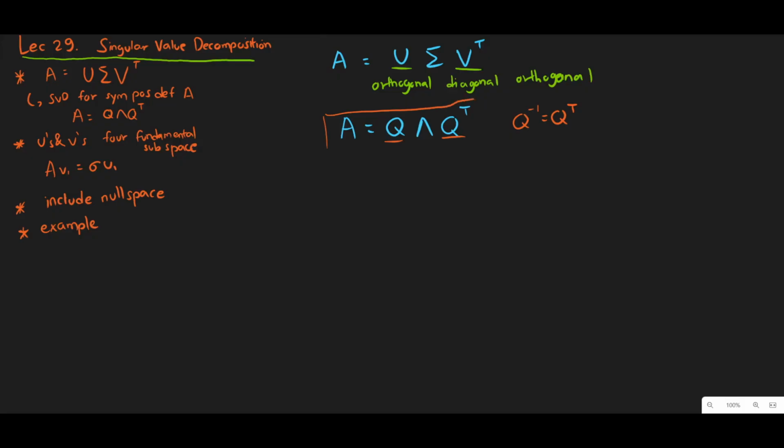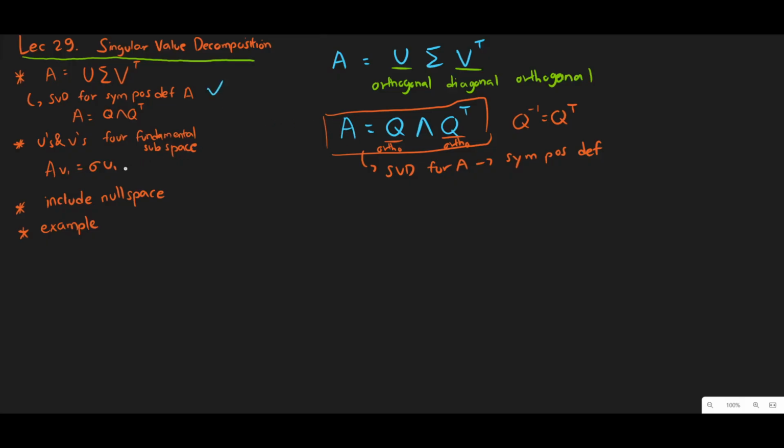And actually this form is already the singular value decomposition for A when A is symmetric and positive definite. So we already ran into this SVD before, but we just didn't realize it, because here we also have two orthogonal matrices and one diagonal matrix. So that's my first point.